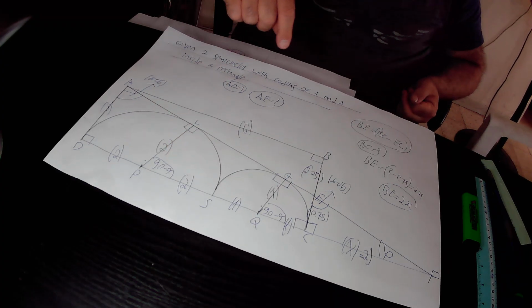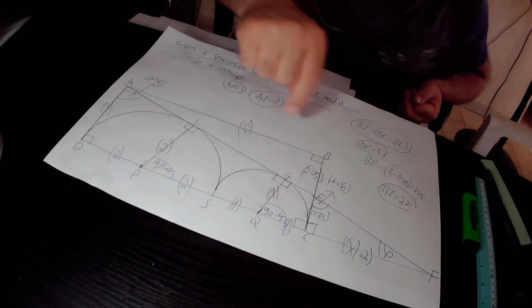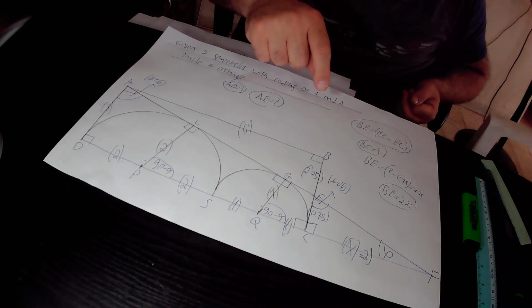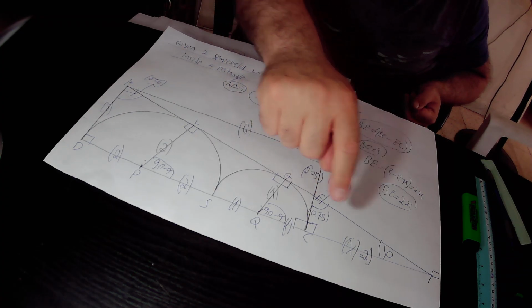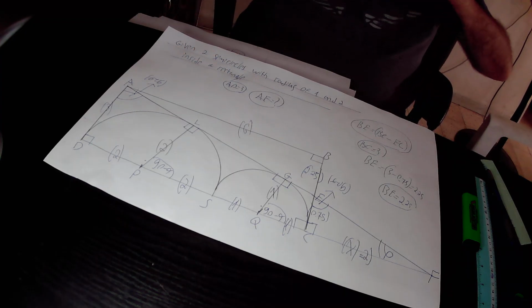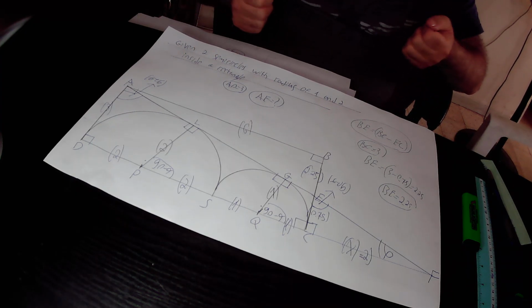So we can prove that all the angles of the big right triangle LPF are correspondingly equal to all the angles of the small right triangle GQF, and therefore those two right triangles are similar to each other according to the angle similarity rule.